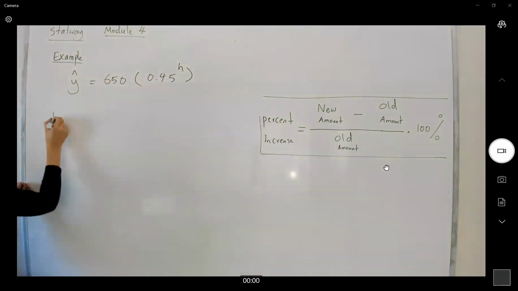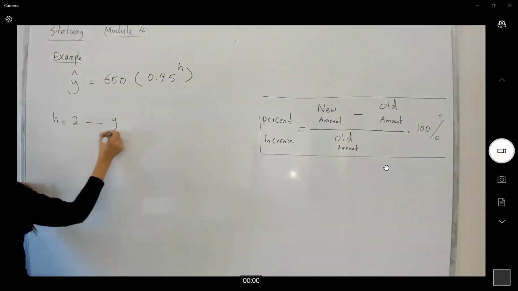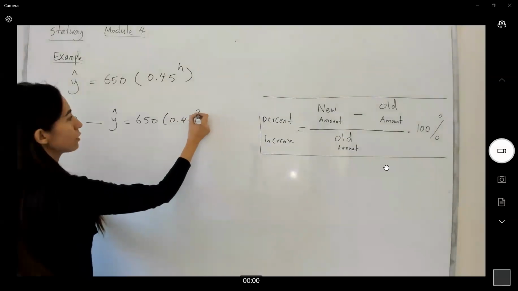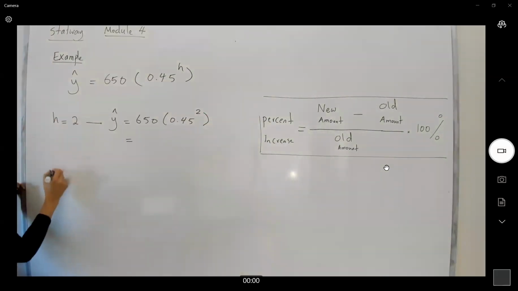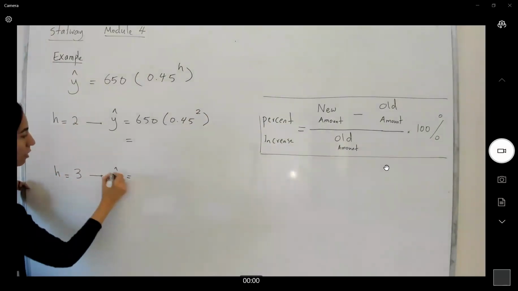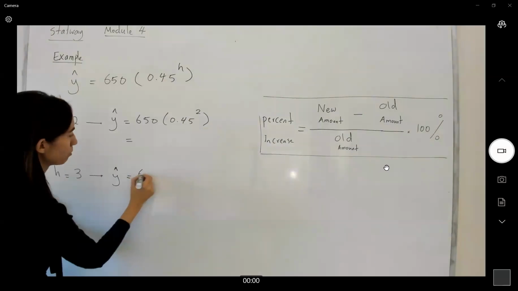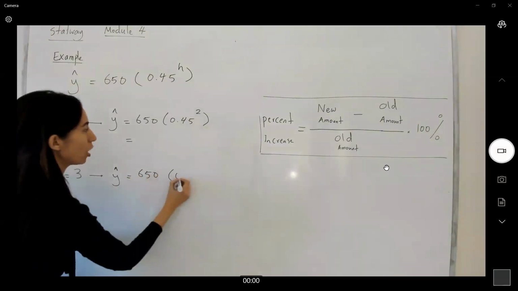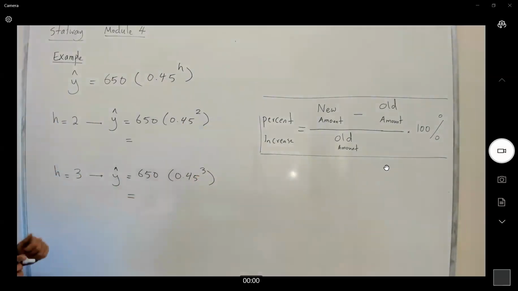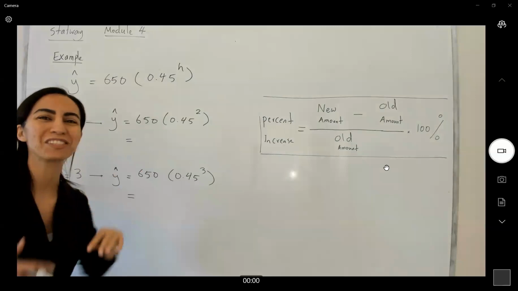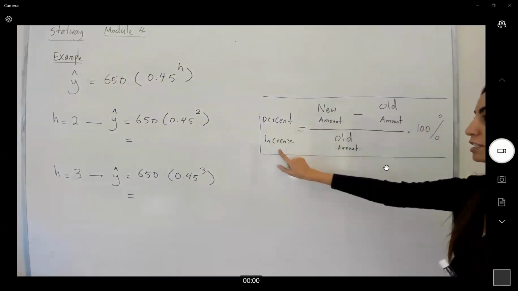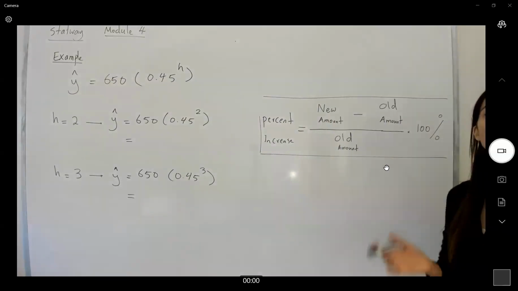You know that h is equal to 2. Now you need to find your y hat, 650 times 0.45 to 2. What is your y hat? And after 3 hours, what is the y hat? The amount of acetaminophen in the blood, 650 times 0.45 raised to 3. What are these two values and how do you find the percent decrease? We have the formula for percent increase, and what would be the percent decrease?